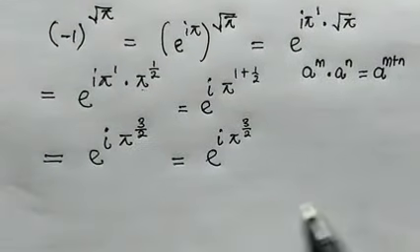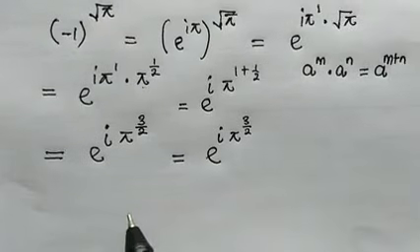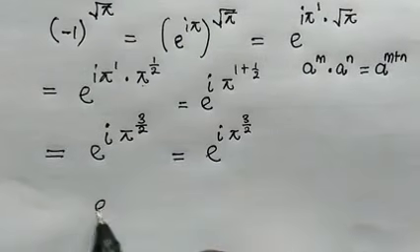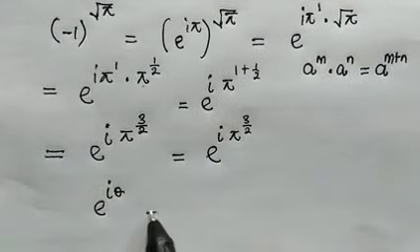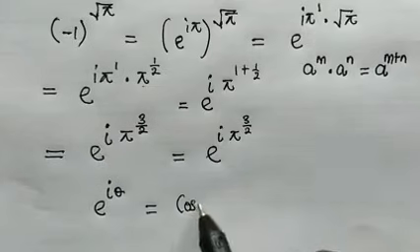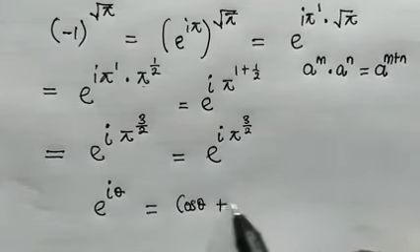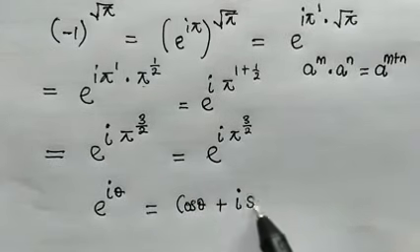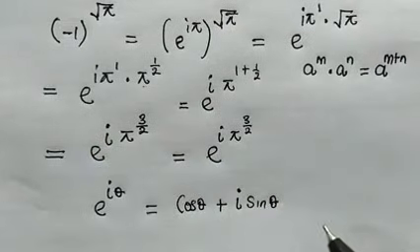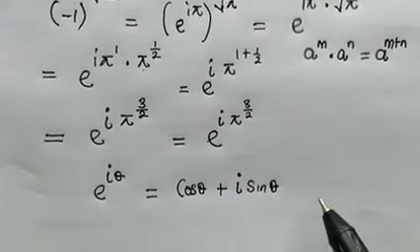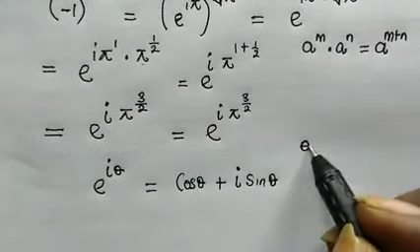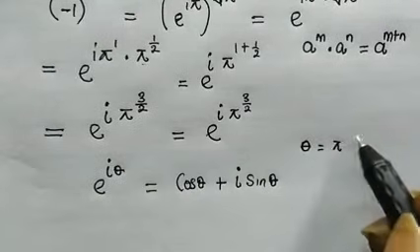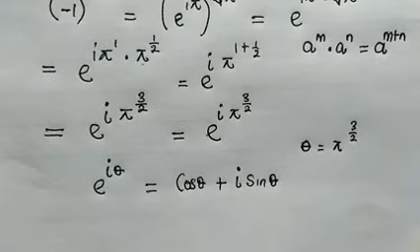Now let us recall this awesome looking Euler's identity. We know that e to the power of i theta is equal to cosine of theta plus i multiplied by sine of theta, right? And if you look at this here, you will see that theta will be equal to pi to the power of 3 over 2.